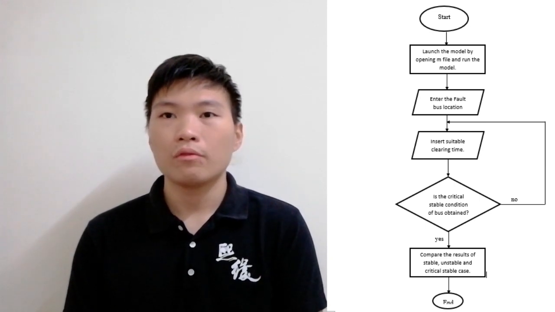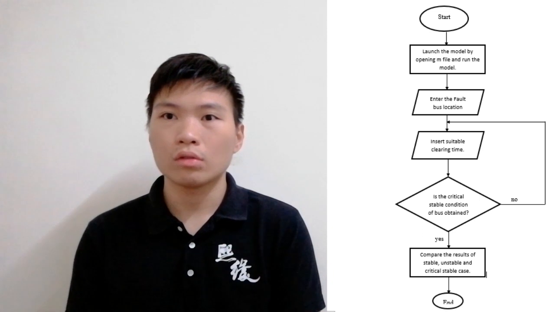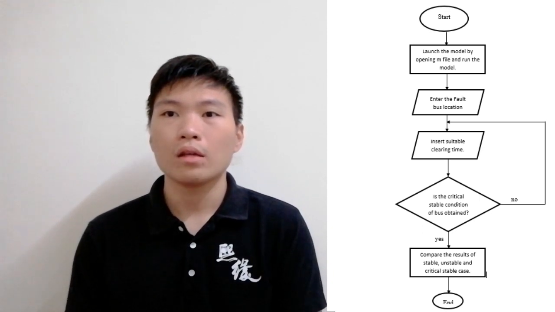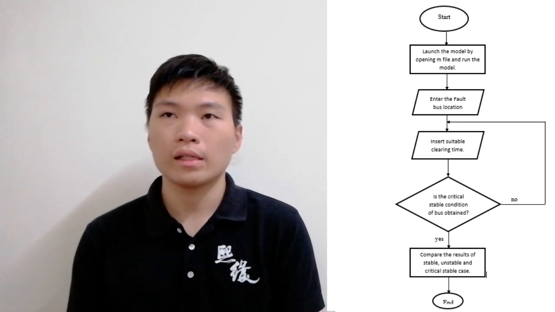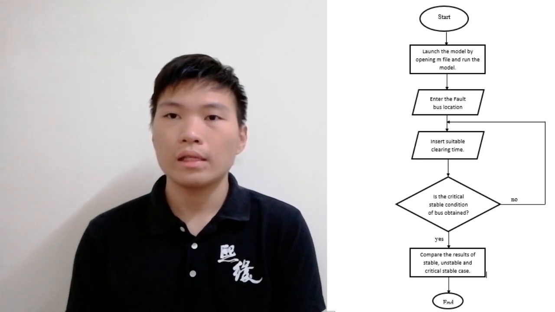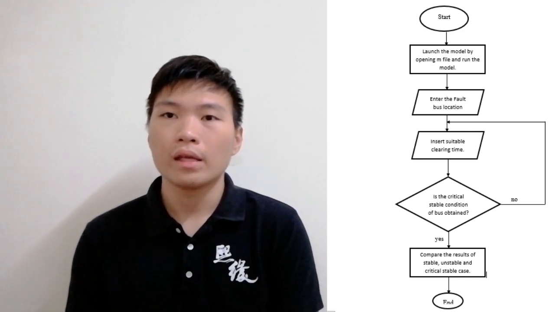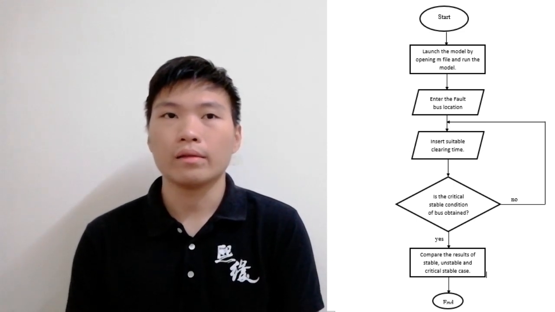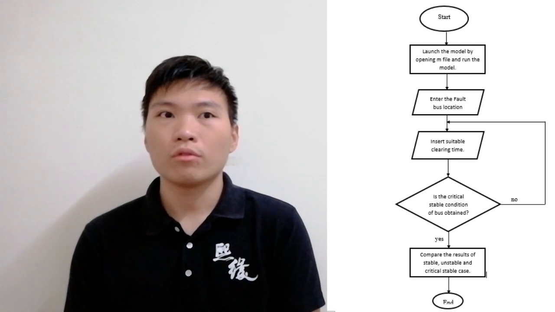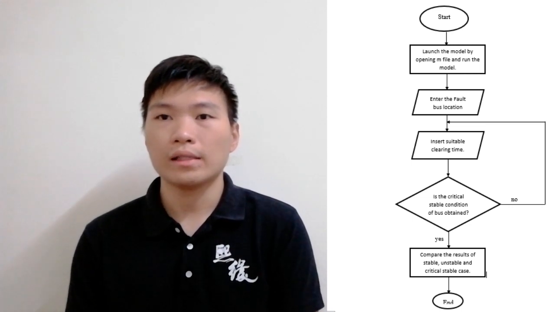After that, we have to insert a suitable range of the clearing time to allow the bus fault to achieve a critical stable condition. Usually the step between the range of the clearing time is 0.1 second. So we will have to wait for the analysis of the result.